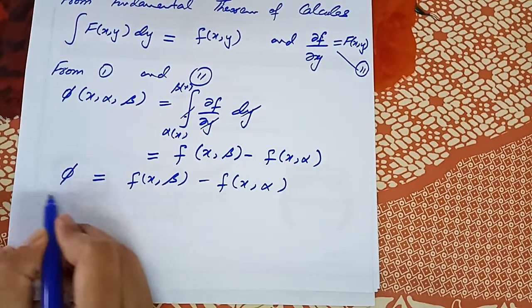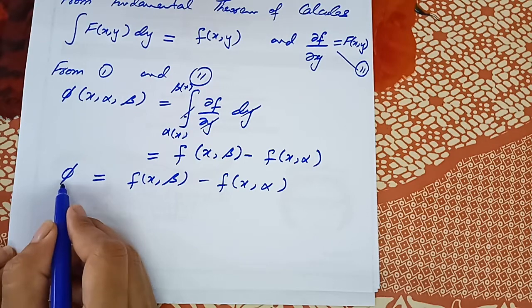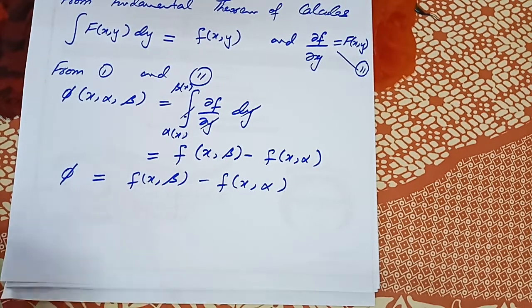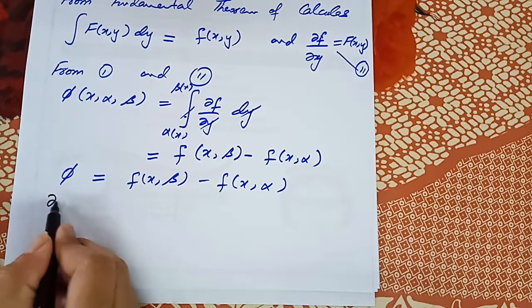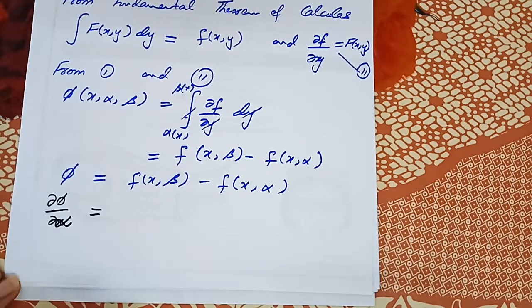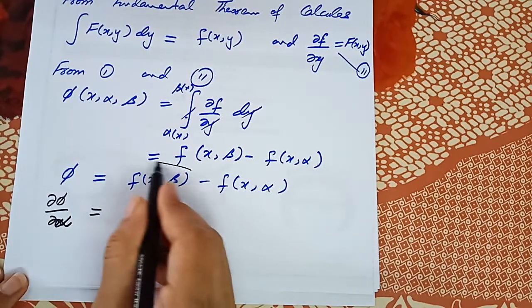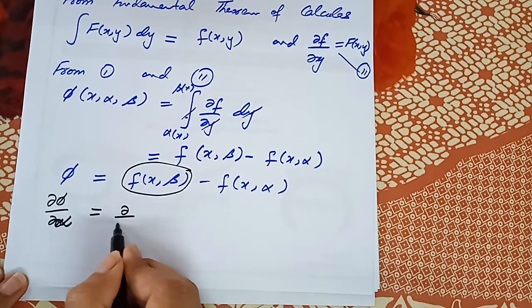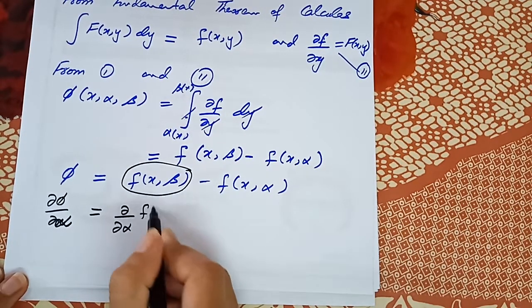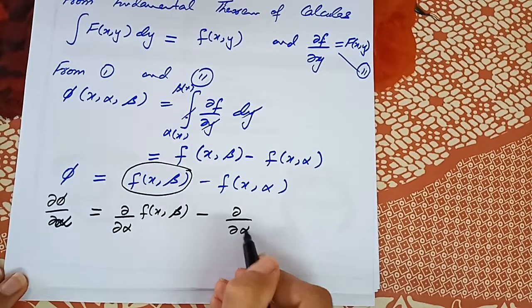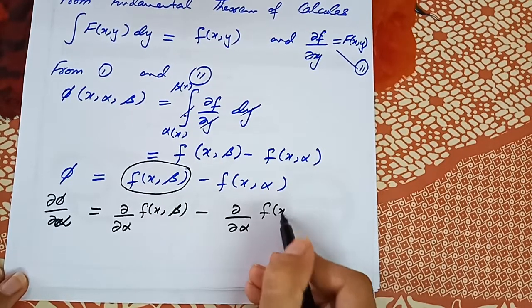Now let's take its derivative, first with respect to alpha, and then I will take its derivative with respect to beta. So partial phi over partial alpha equals partial over partial alpha of f of x, beta minus partial over partial alpha of f of x, alpha.